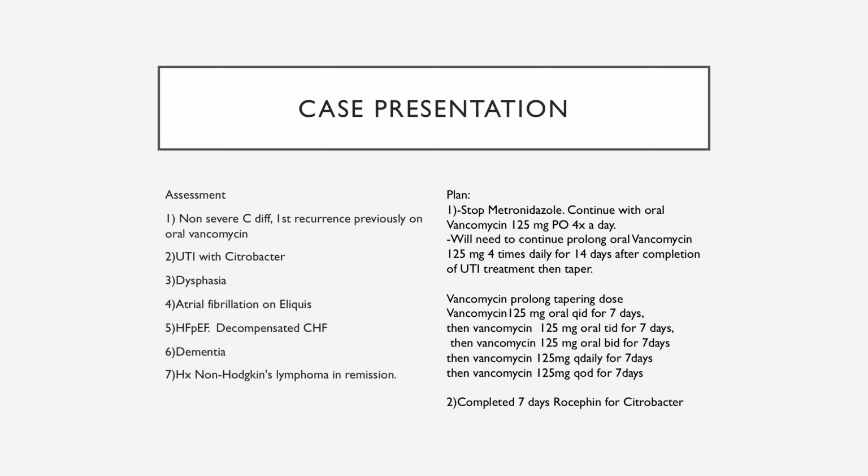The example they give in the guidelines is actually a week of QID dosing, then a week of BID dosing, then a week of once-daily dosing, and then 3 to 8 weeks of oral vancomycin once every 3 days. So that's a very different taper than what we're doing here.